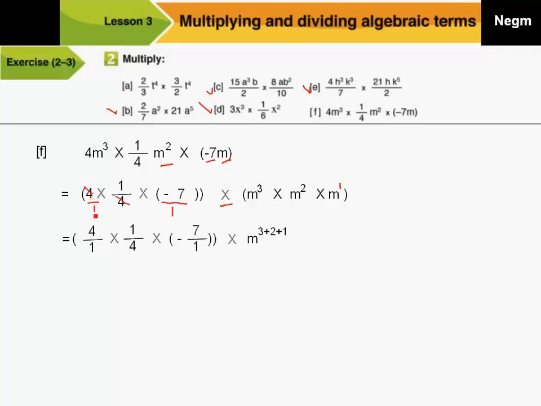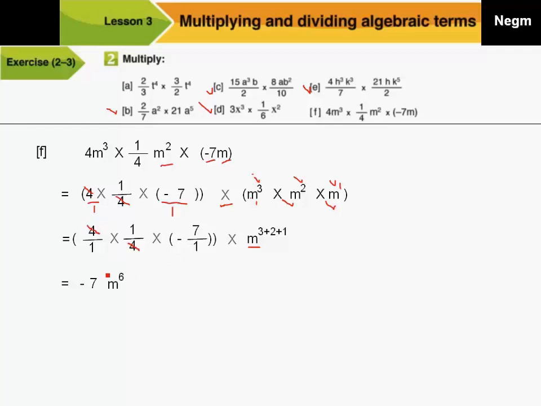We have here, as I told you, 4 over 1 multiplied by 1 over 4 multiplied by -7 over 1 multiplied by m and m. The same base, so we have to add the indices, which is 3 plus 2 plus 1. Eliminate 4 with 4.